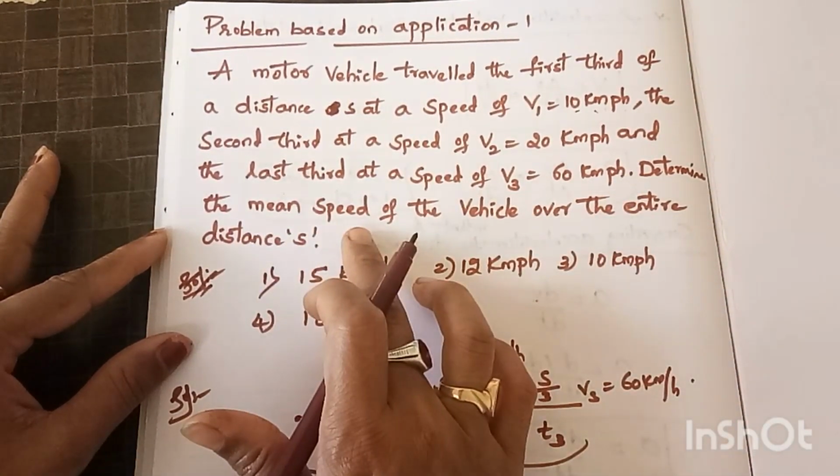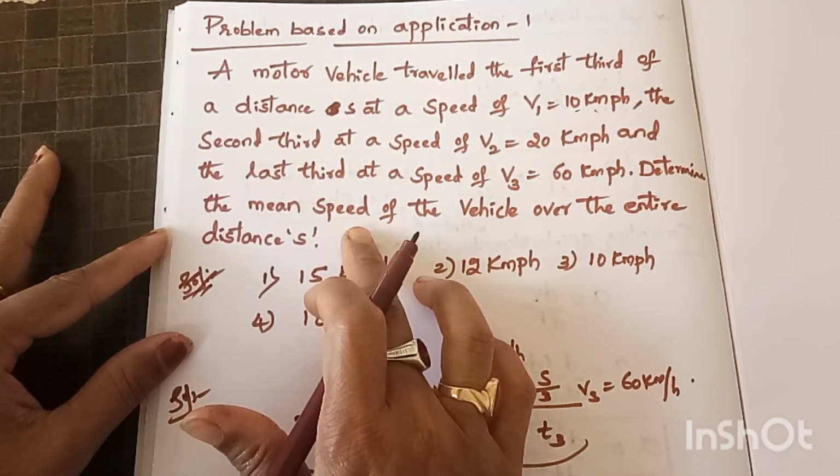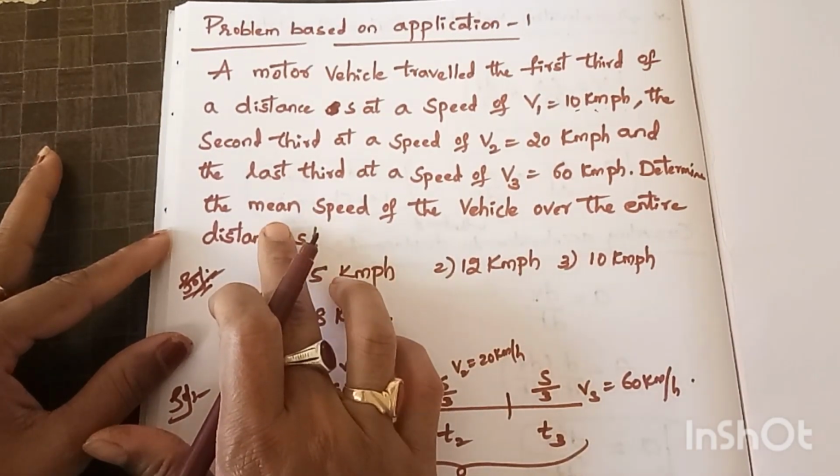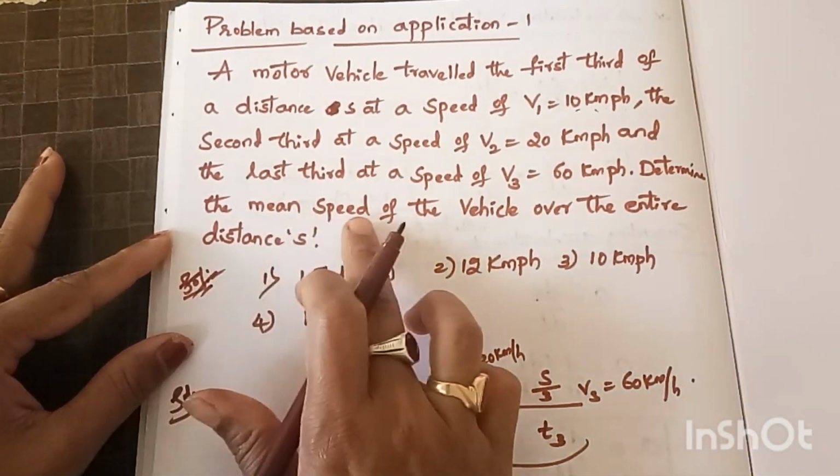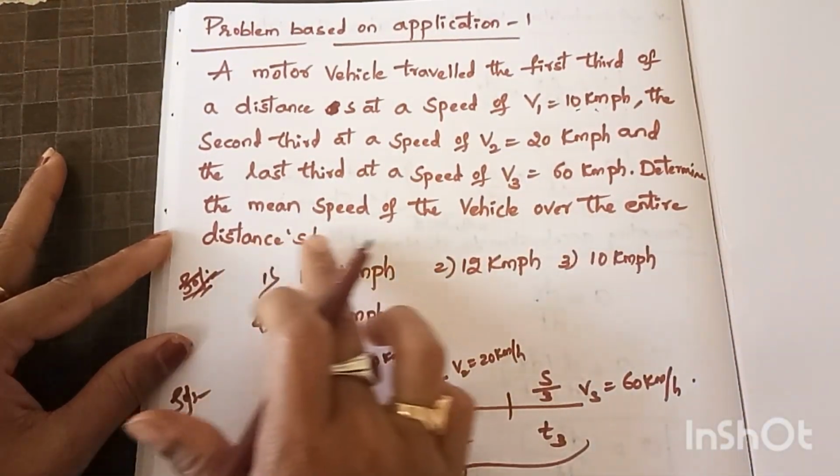Determine the mean speed. Mean speed means average speed. Mean and average have the same meaning. Find the mean speed of the vehicle over the entire distance s.